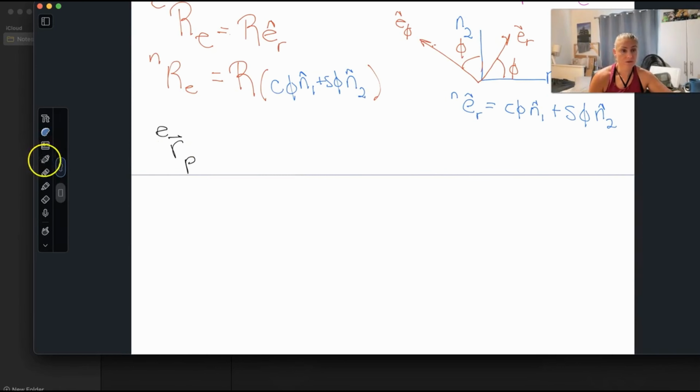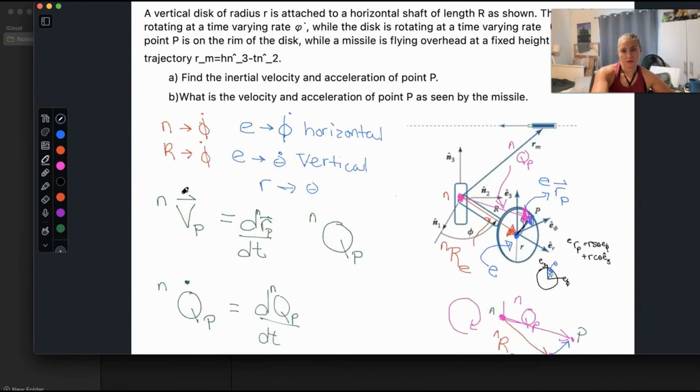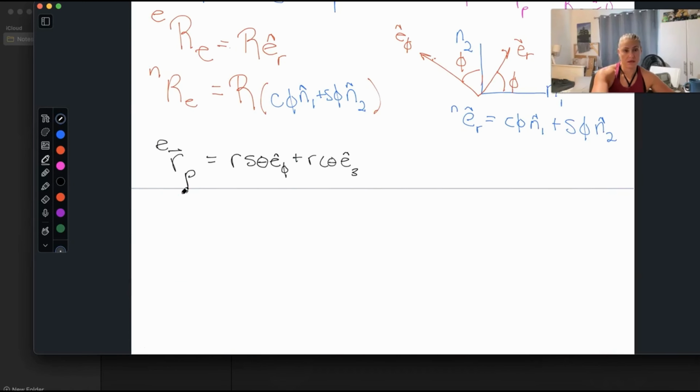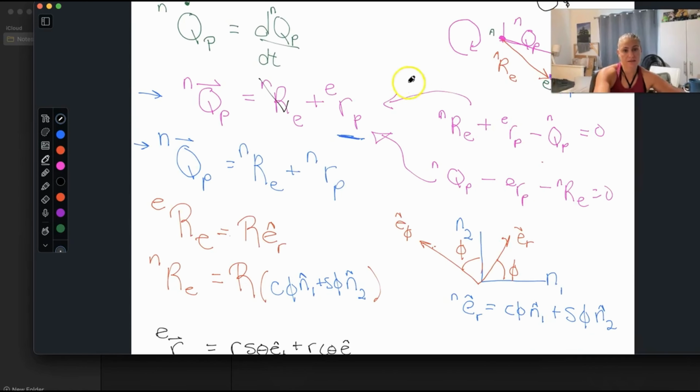So RP was little r sine theta in the E phi direction, plus r cosine theta in the E3 direction. And that is going to be this one here.